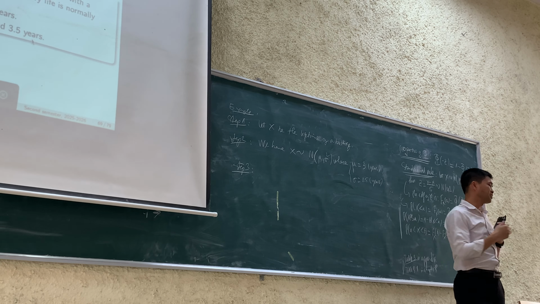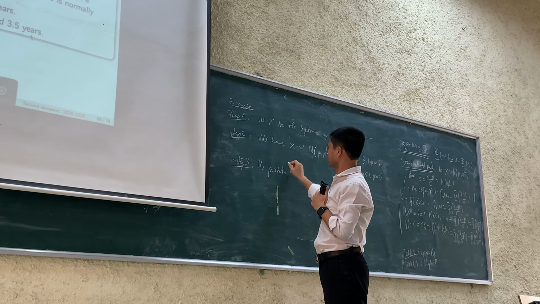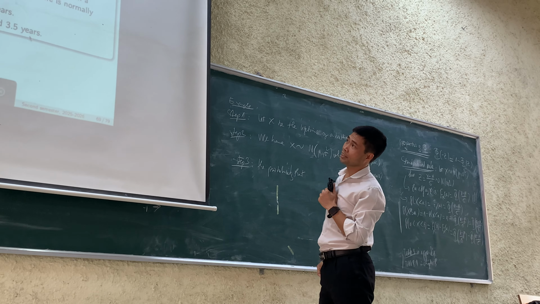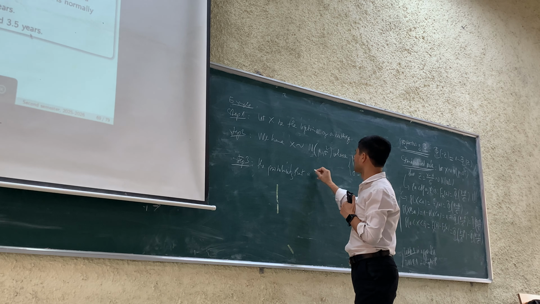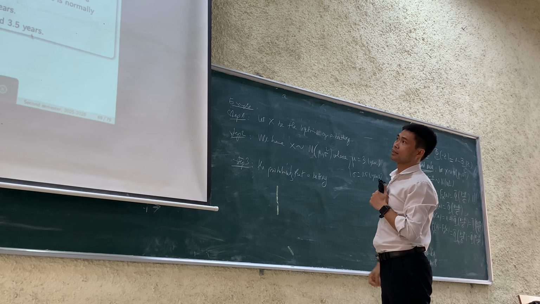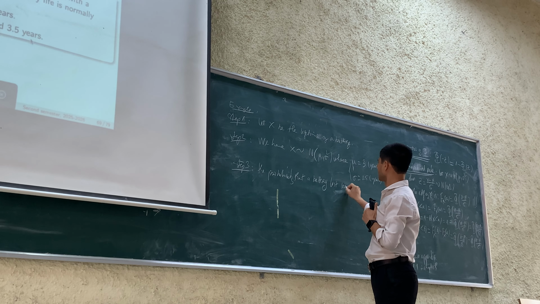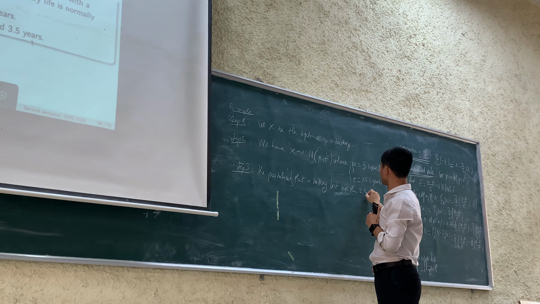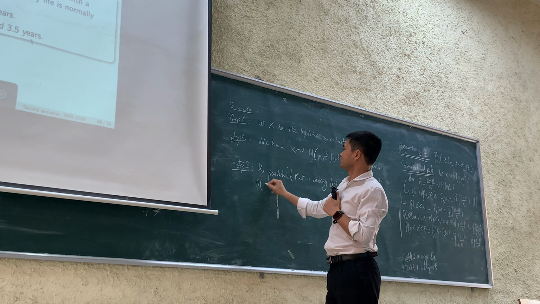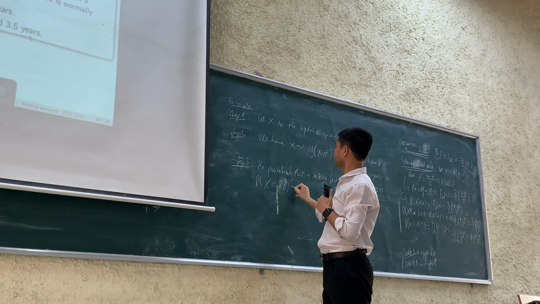You answer the question. The probability that the battery lasts less than 2.3 years. This probability, P(X smaller than 2.3). Okay.